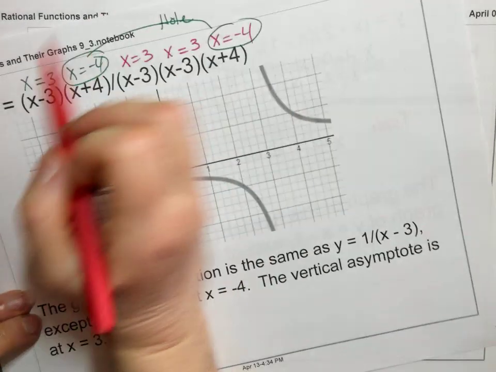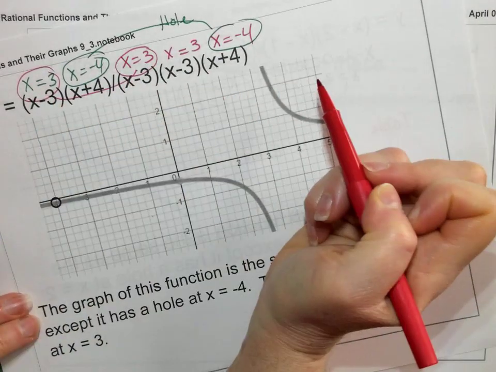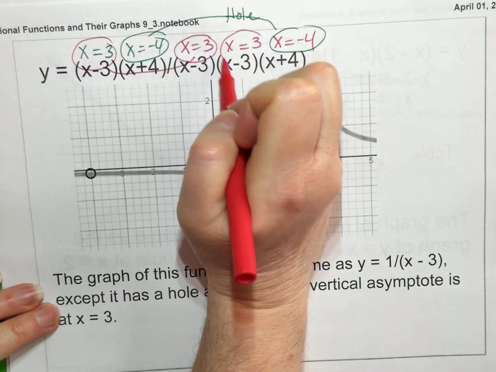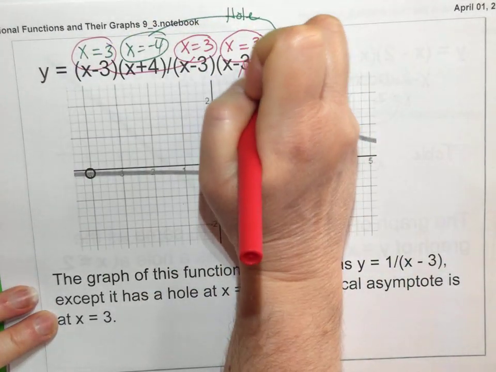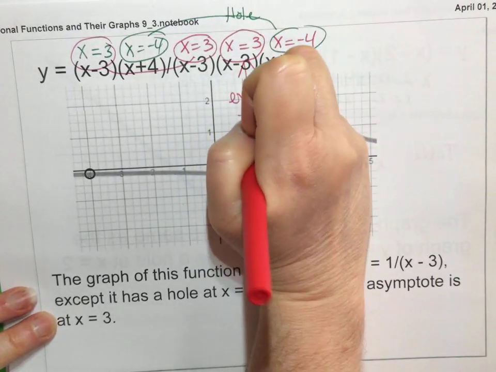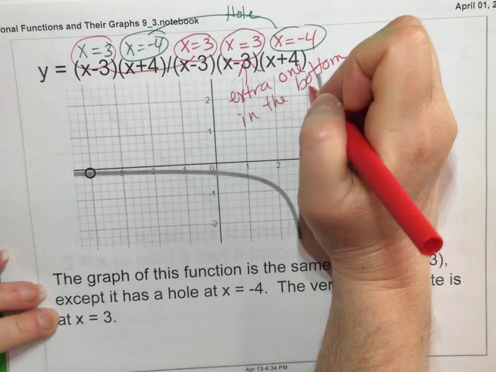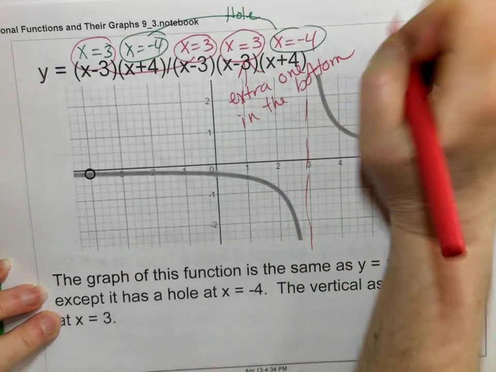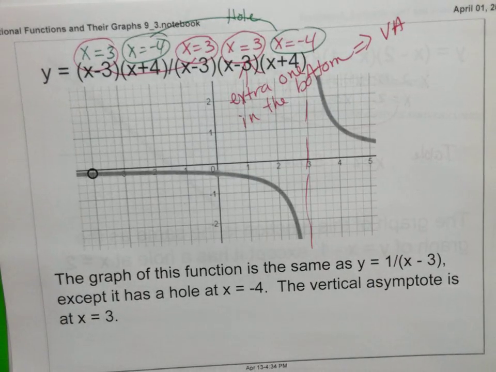All right, I have a pair here, which makes a hole, but then this guy comes along and says, hold on a minute, because I have an extra one in the bottom, it makes an asymptote. Okay, the vertical asymptote then is at 3.